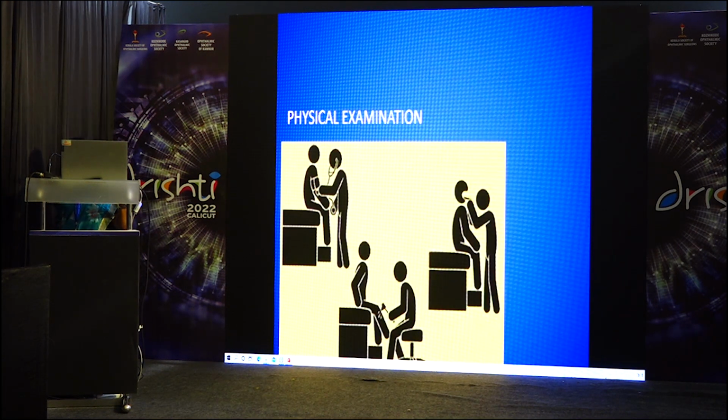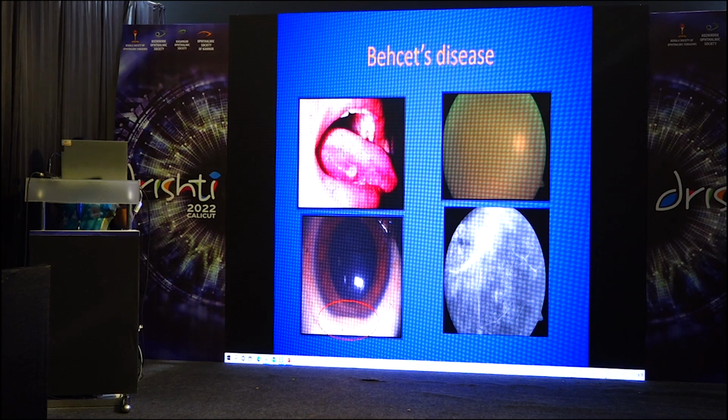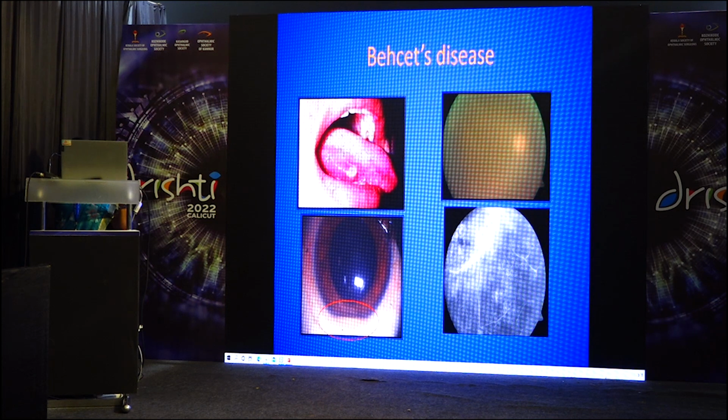Next comes physical examination. A patient with bilateral pan-uveitis with hypopyon and vasculitis. On examination, the patient had oral ulcers, aphthous ulcers like this. So the diagnosis is again easy.